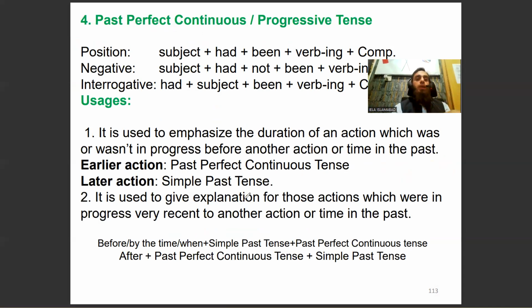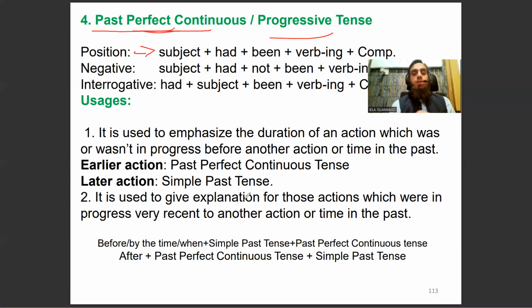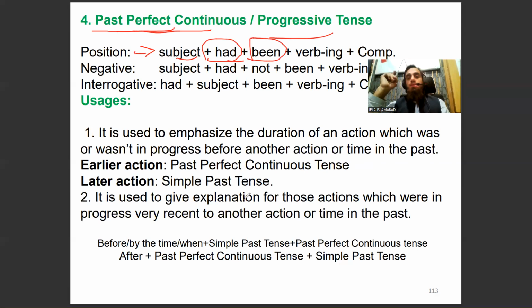Okay. In past we have the last part, past perfect continuous, which is a progressive tense. Here, in positive sentences, the structure is like this: subject plus had, not has or have, right? Had plus been, as in the present perfect continuous tense which we studied; within the perfect continuous tenses of any kind, we use had been.